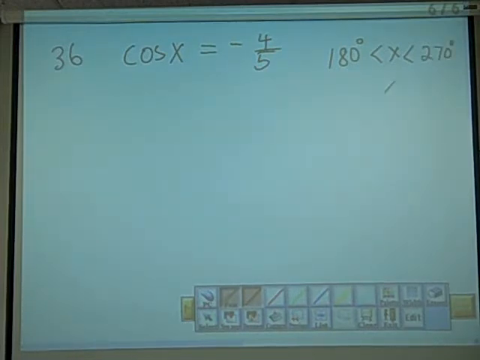Okay, well that puts us, here's 180, here's 270. You probably guessed it by now, we're in quadrant 3.